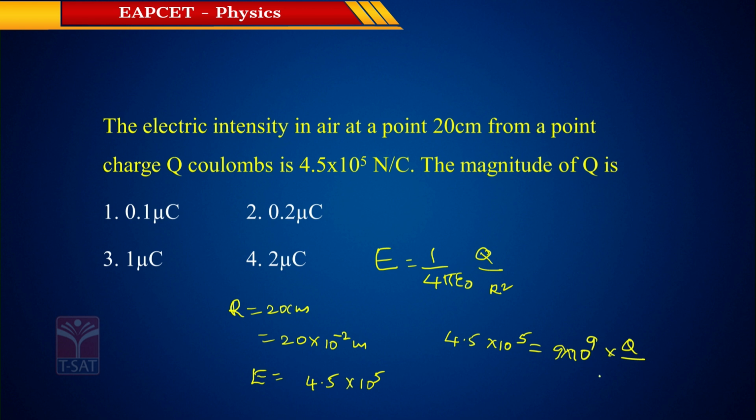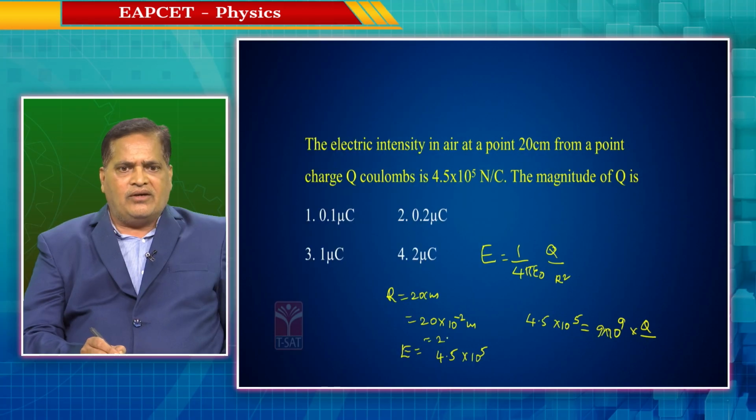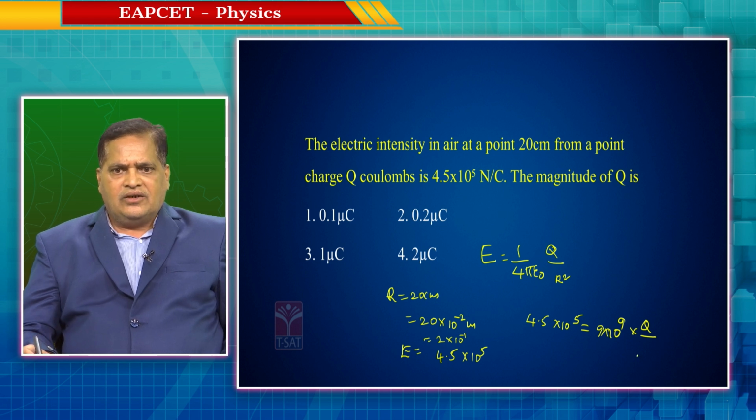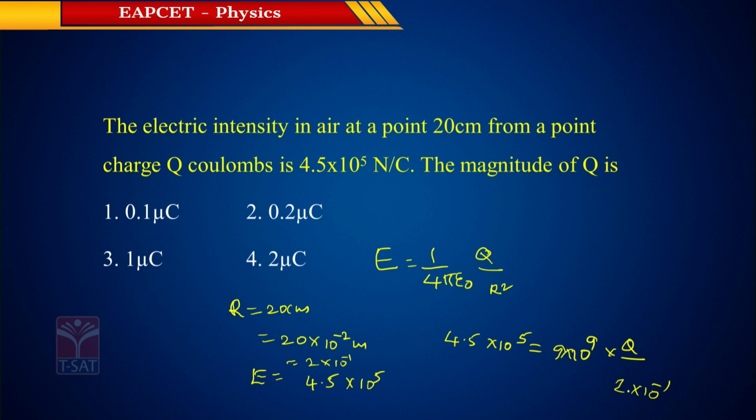What is the r value here? 20 into 10 to the power minus 2 means 2 into 10 to the power 1 minus 2, that is 2 into 10 to the power minus 1. Substitute this value, and the whole square is there. Now you calculate.